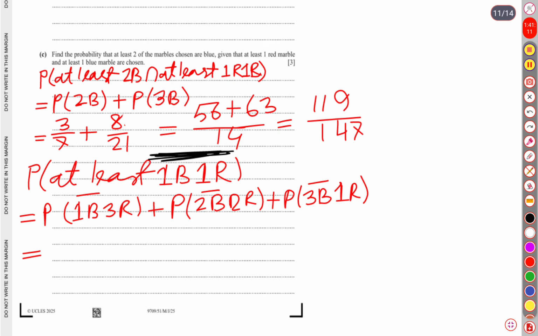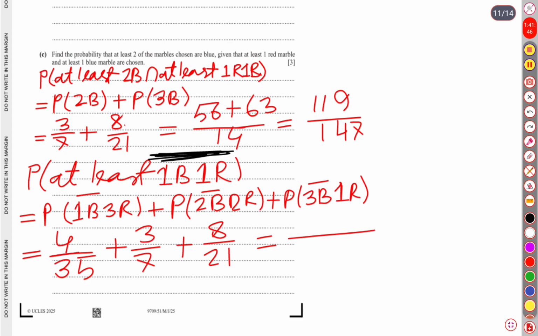So for one blue marble picked we have 4 over 35, when two blue marbles were picked it was 3 over 7, and when three blue marbles were picked the probability was 8 over 21.